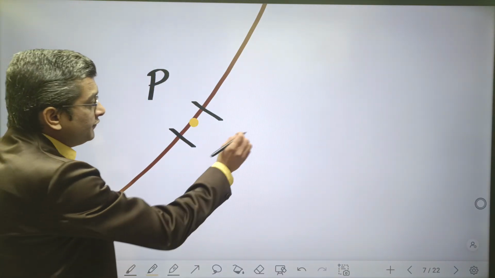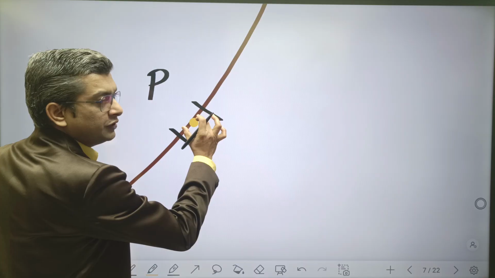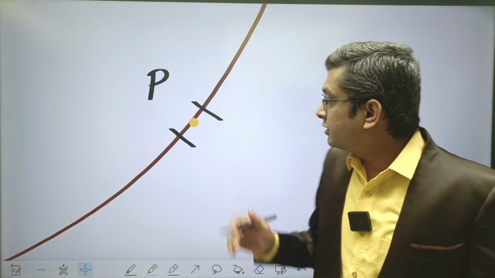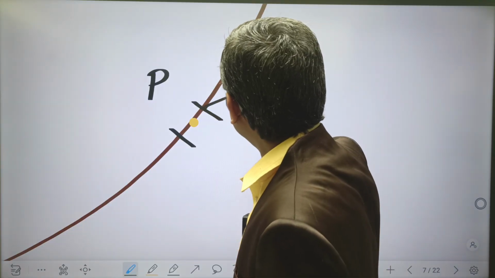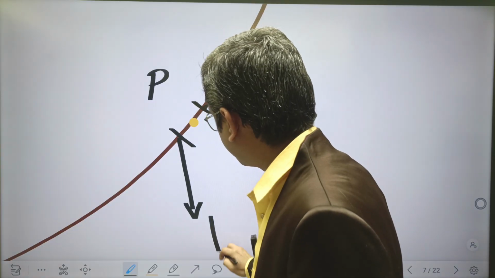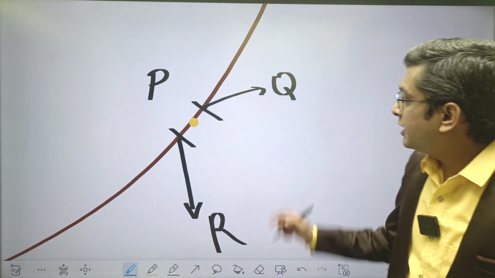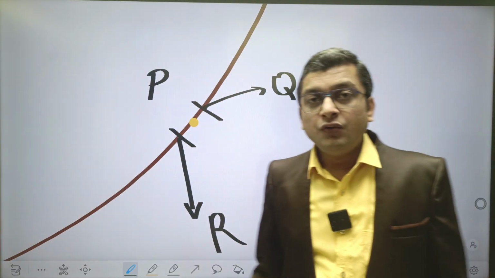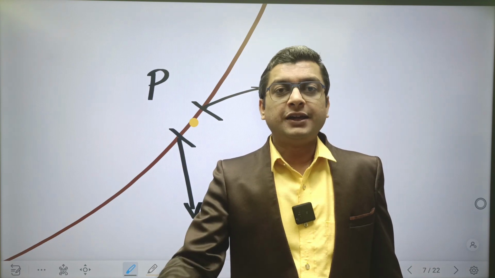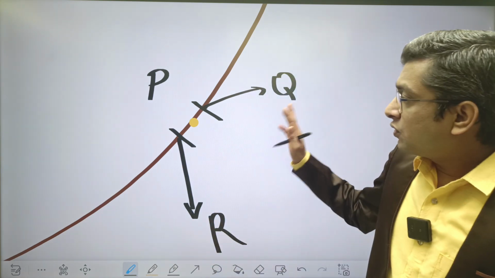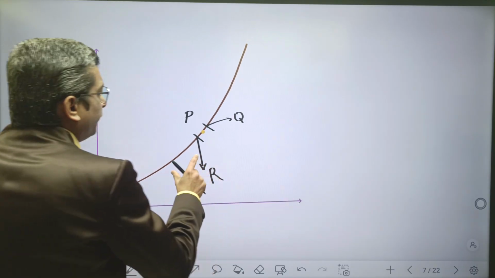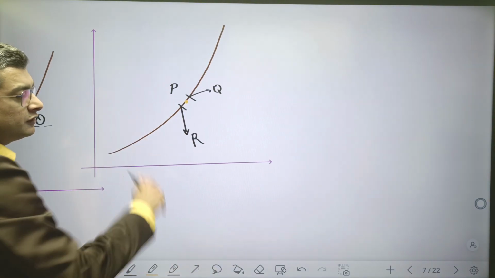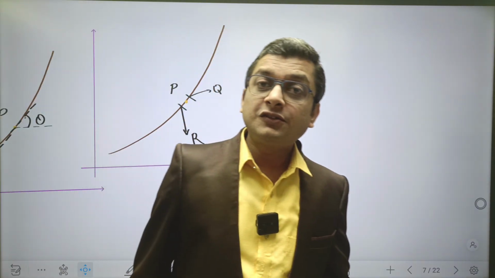If you take these two points more close to each other, then it will appear as a straight line. Suppose this is point Q and this is point R. The closer you take these two points to the point P, the more this segment approaches a straight line. When you observe a very small segment of this curve, it will appear as a straight line.